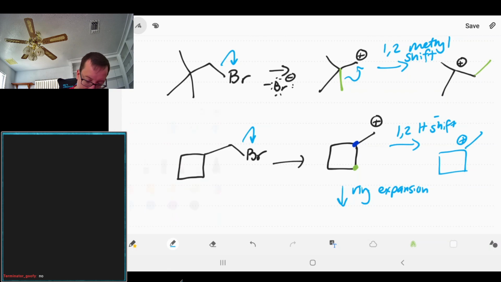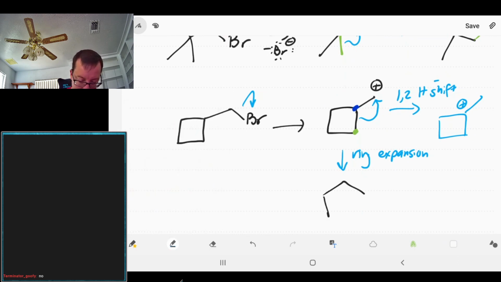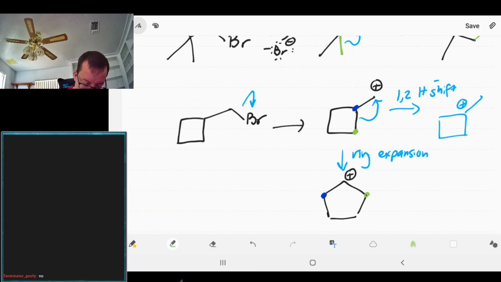This bond is going to break and move over. We're going to end up with a 5-member ring now, more stable. And now our blue and green carbons are one bit away from each other.